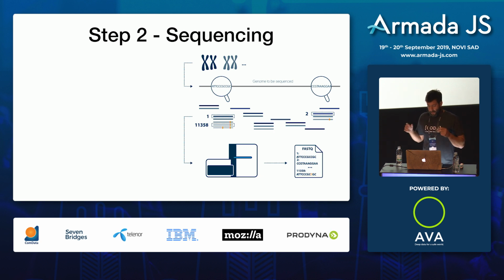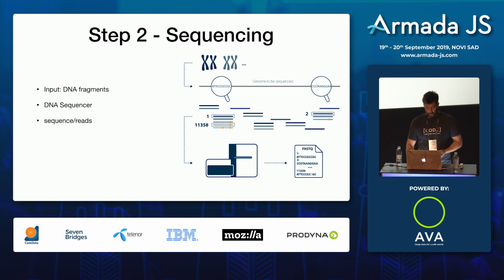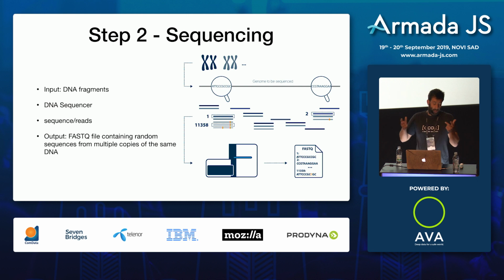And the machine does it for all shreds. So DNA fragments go into the DNA sequencer, and these sequences or reads are now stored in a file. You'll have the FASTQ file containing random sequences from multiple copies of the same DNA, or of your book.